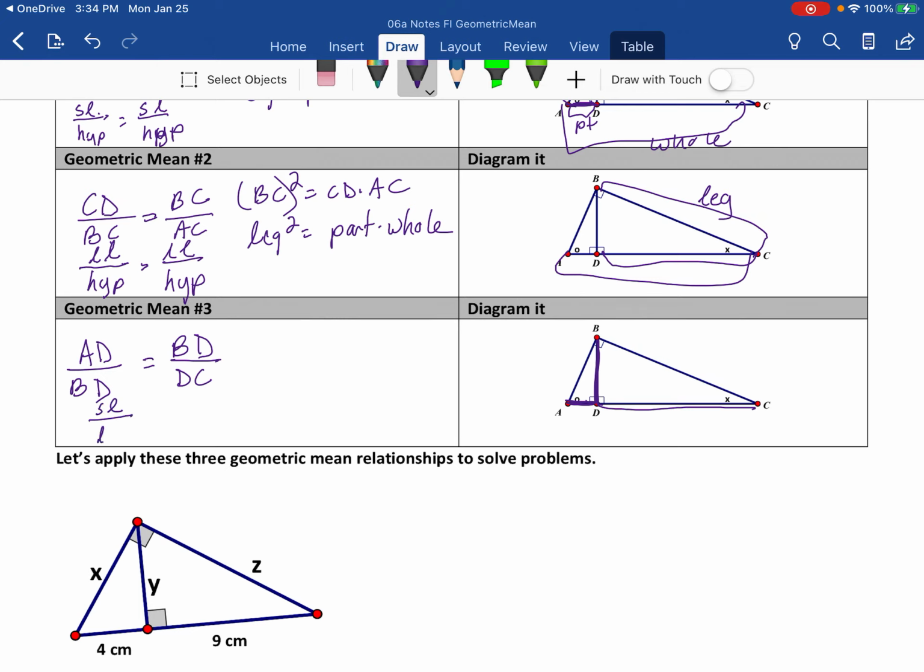This is one of the ways to think about it, short leg over long leg equals short leg over long leg, if you're talking about setting up that similarity relationship in that proportion. I do it this way: BD squared is equal to AD times CD, or DC. And so my shortcut, of course, is altitude squared equals part times part.